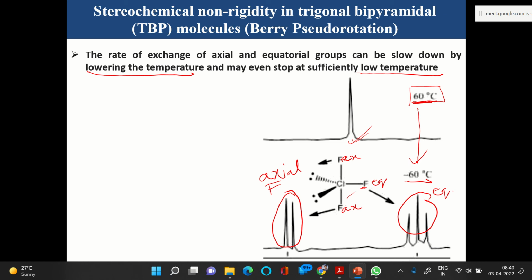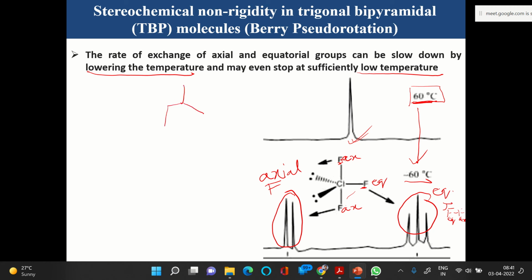This F is the fluorine nucleus which is different from this one, having a different environment. The splitting that you are seeing is the J FF, F equatorial with axial, right?